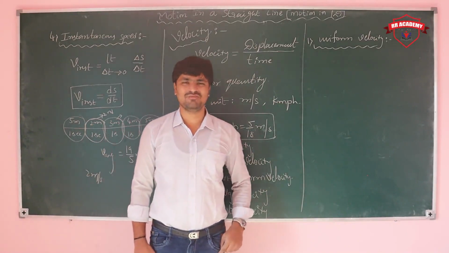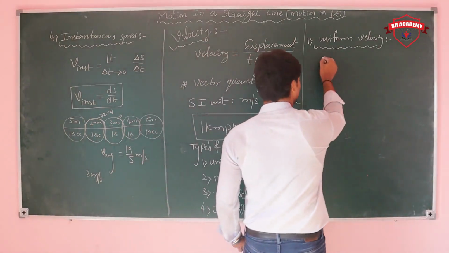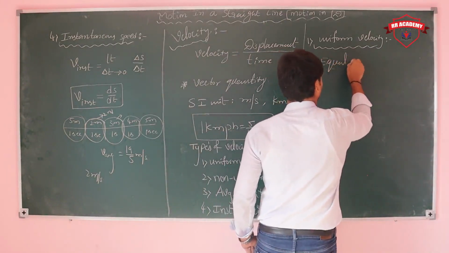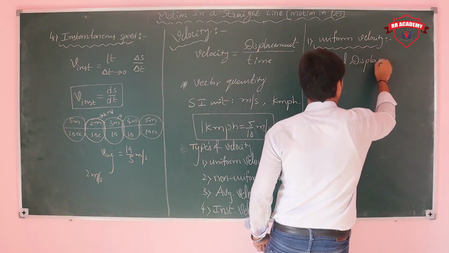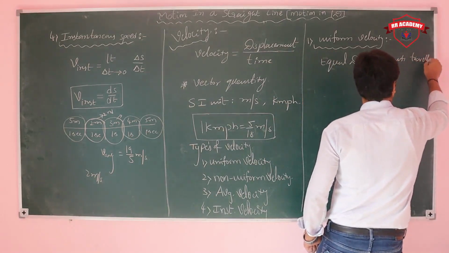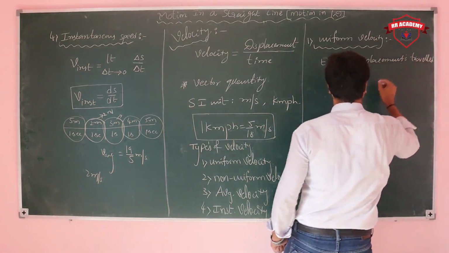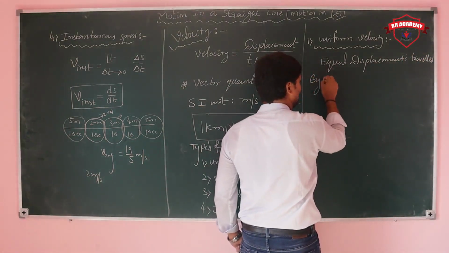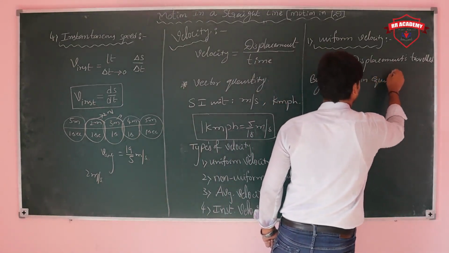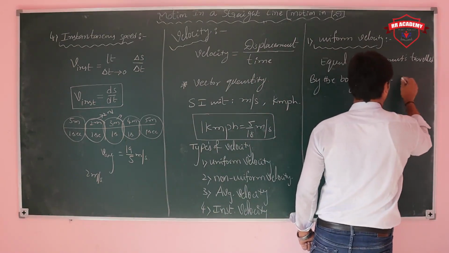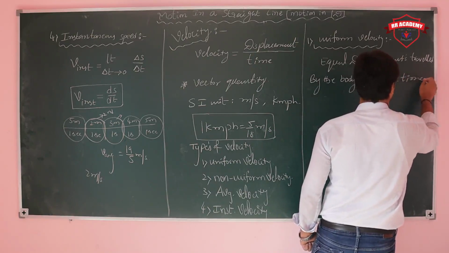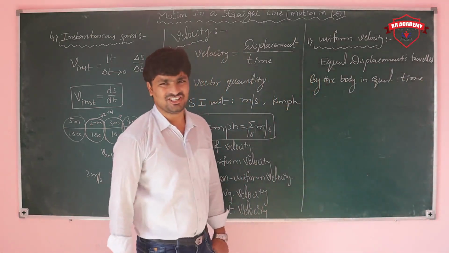Here, uniform velocity means equal displacements traveled by the body in equal intervals of time, or equal time. That is how you can give the definition of uniform velocity.